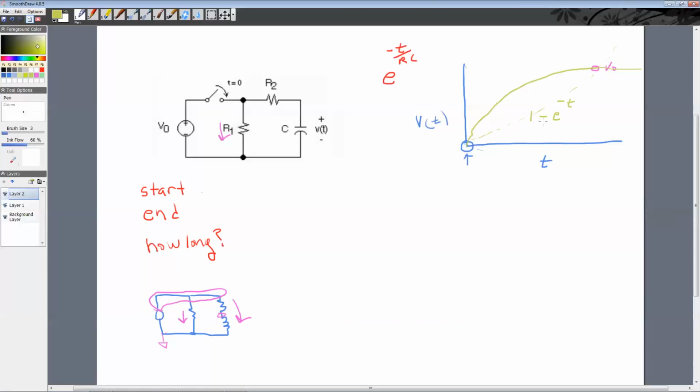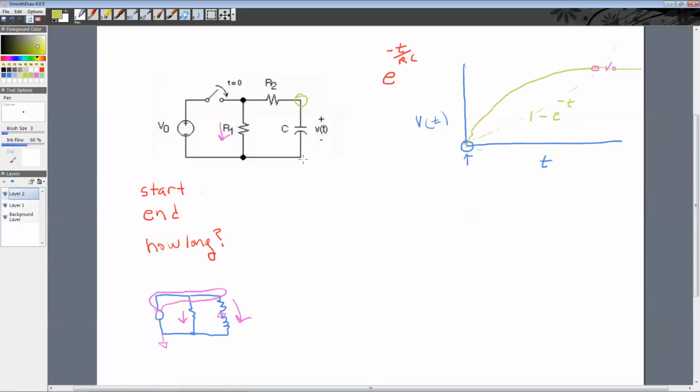Now, again, from this point of view, all right, there really is only one node to solve for, and that's that node right there.